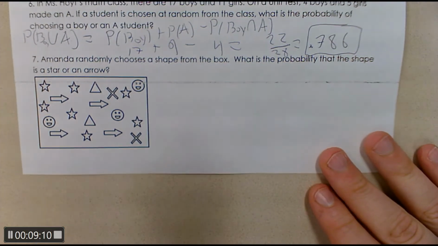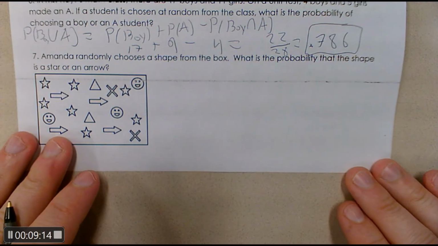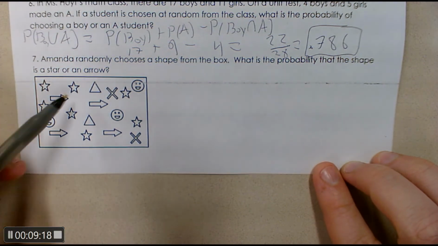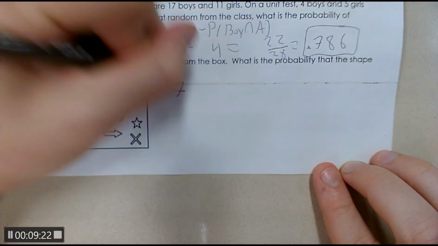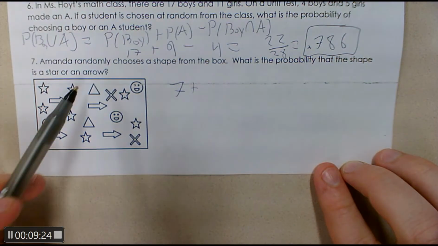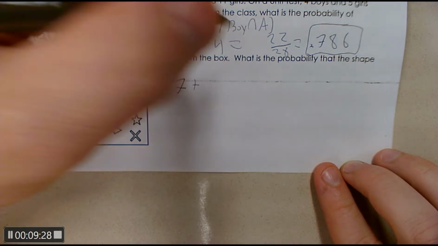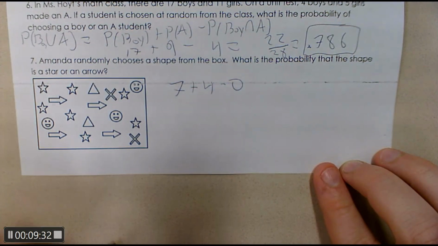Alright, number 7, same exact problem as the last 3. A man randomly chooses a shape from the box. What is the probability that the shape is a star or an arrow? We have 1, 2, 3, 4, 5, 6, 7 stars. Plus 1, 2, oh, those aren't arrows, those are triangles. 1, 2, 3, 4 arrows. Minus 0 that are both a star and an arrow.